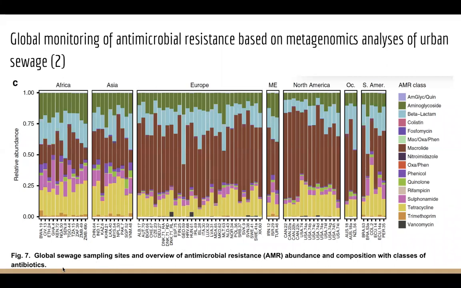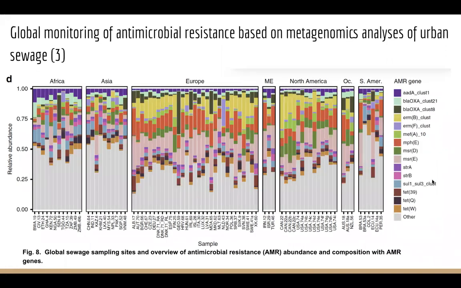In the next slide, we'll see the resistant genes. The next slide. This one is showing the real resistant genes that were found in the environment. So you can find, for instance, in Ghana, TET-W, TET-Q, TET-37. These are the genes that are in the environment.